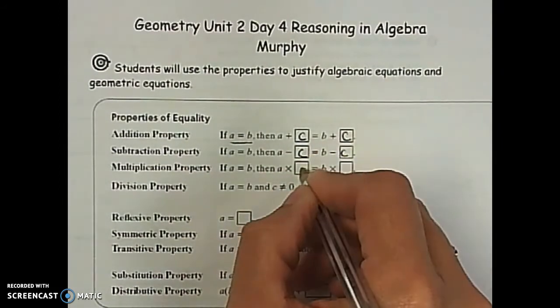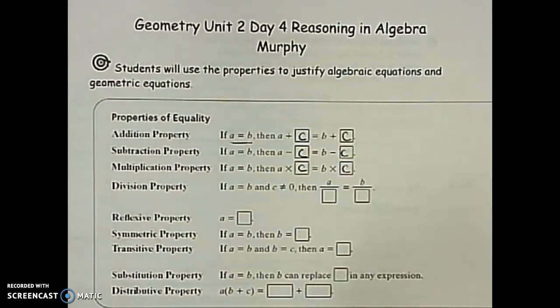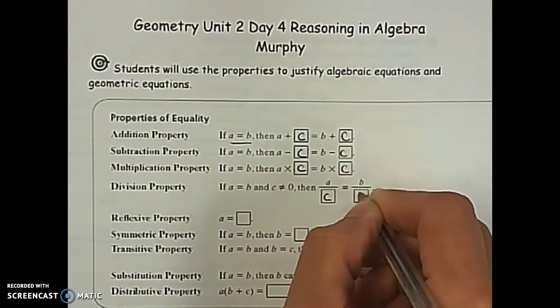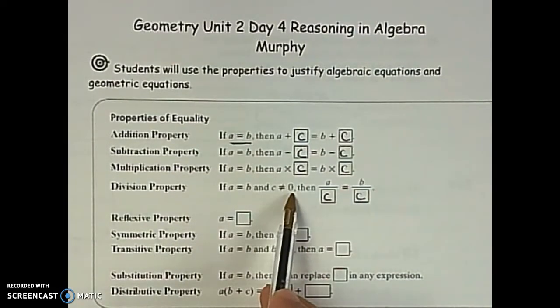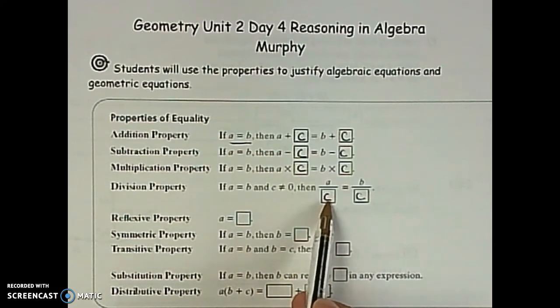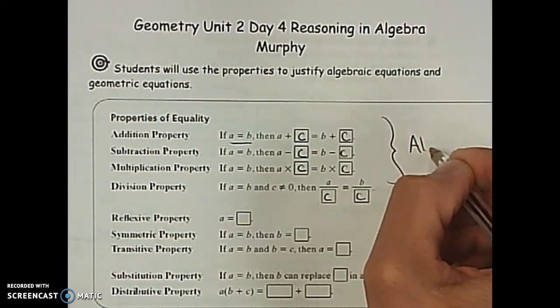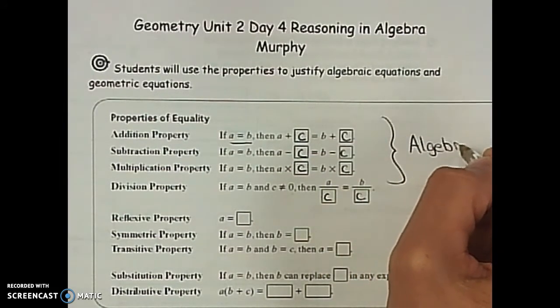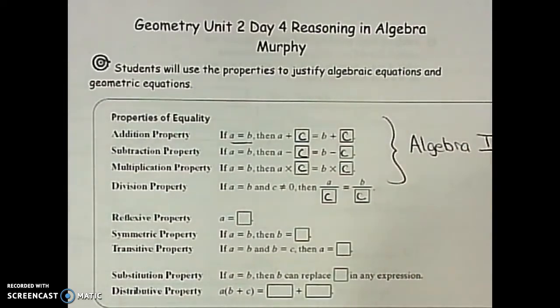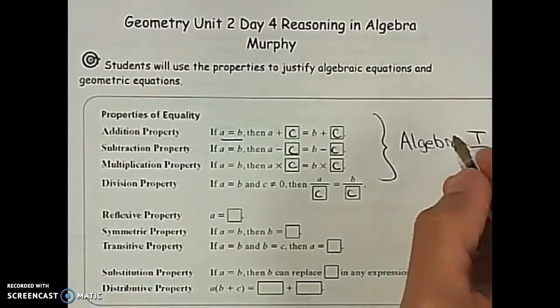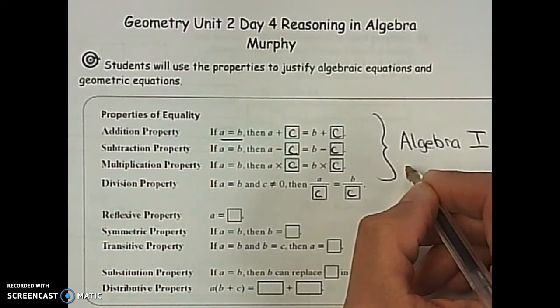We can subtract the same thing from both sides, and same thing for multiplication as well. The only glitch with division is we can divide by the same amount as long as C does not equal 0, because if it was 0, we have a number divided by 0, which is undefined. As I said, all of these properties are back from Algebra 1. They are just reasons why you could do the steps you did in solving an equation.